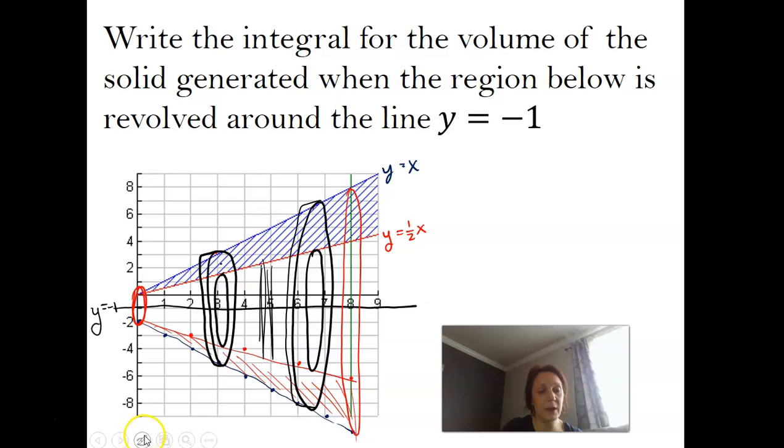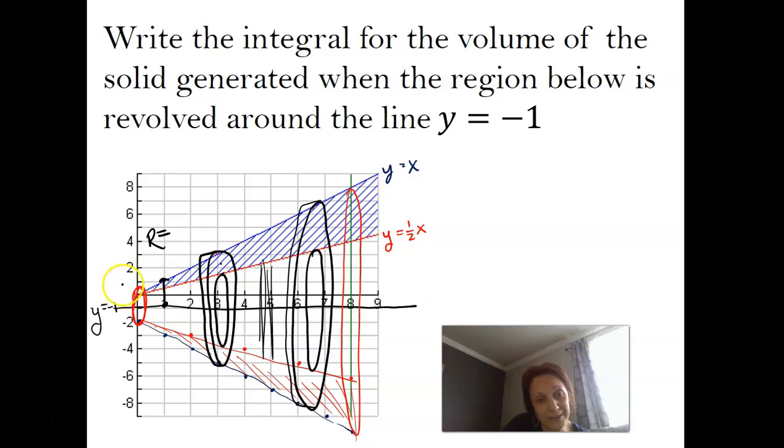All we have to do is figure out what my outer radius is and what my inner radius is. When I go from my axis of rotation out to my outer edge here, that's the line y equals x, but let's be careful. x is the distance between the x-axis and this graph, but I'm not going around the x-axis, I'm going around the line y equals -1.